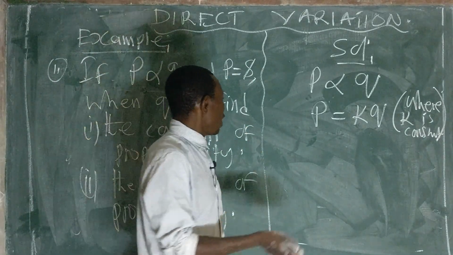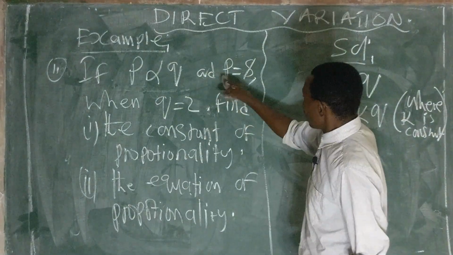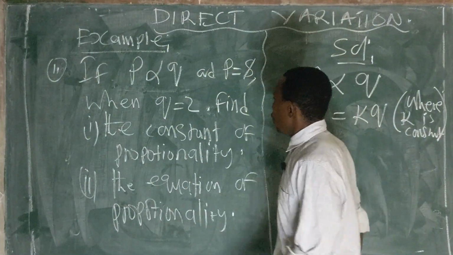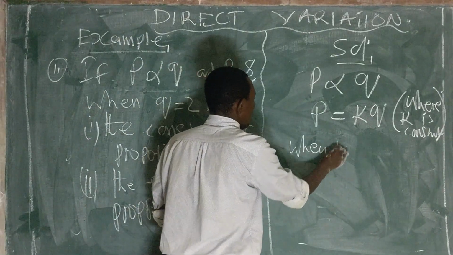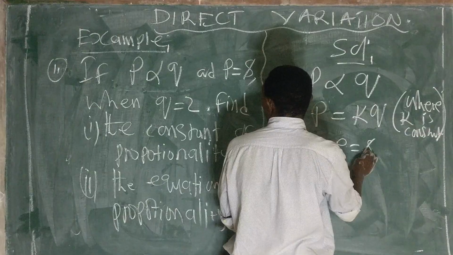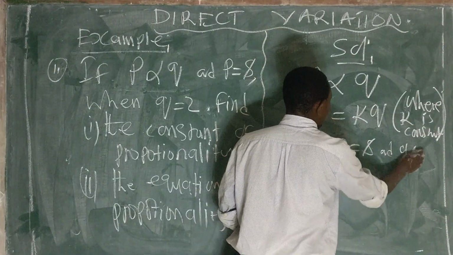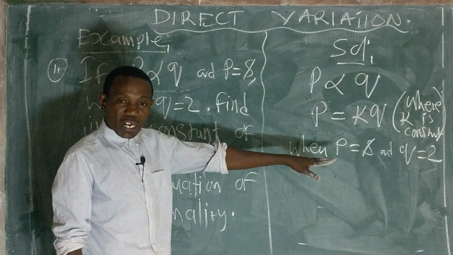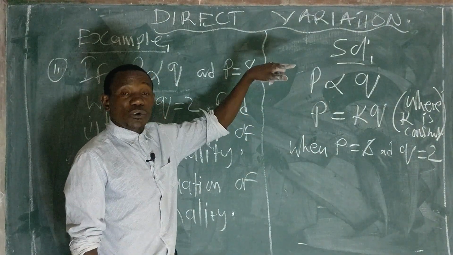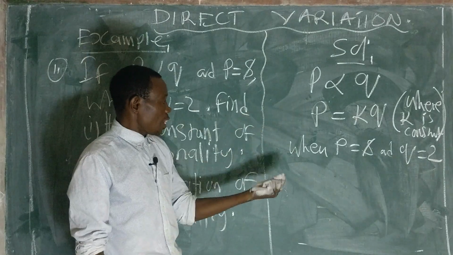Right, so here, we are told that the value of P is 8 when Q is 2. So you write, when P is 8 and Q is 2, the values of the two quantities will be determined by the value K. So let us scoop out K and know it.